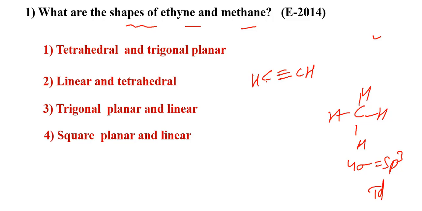Here this carbon is connected with one hydrogen with 1 sigma bond and with carbon 1 sigma bond. So 1 sigma plus 1 sigma, total 2 sigma bonds. 2 sigma bonds means sp hybridization. sp hybridization means linear shape. Okay, so ethyne is linear. This is tetrahedral, that is linear.